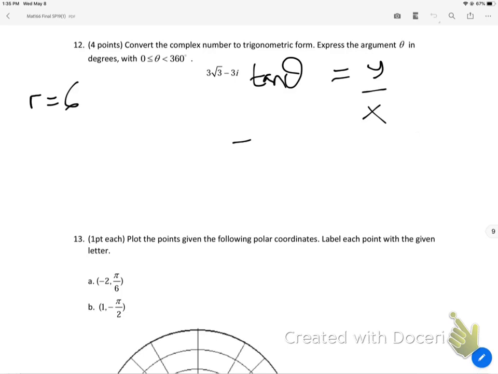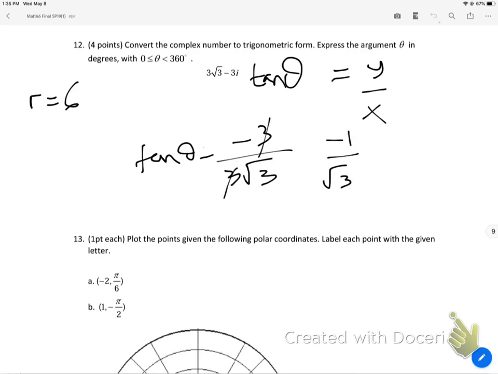Y is the negative 3, the x is the 3 root 3, so this is what tan theta is. We can cancel the 3's to give negative 1 over root 3, and rationalise the denominator to give negative root 3 over 3, so that is what I get for the tangent of theta. So I need to do the inverse of that.